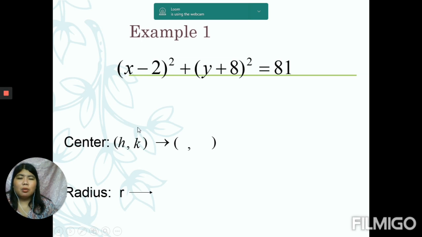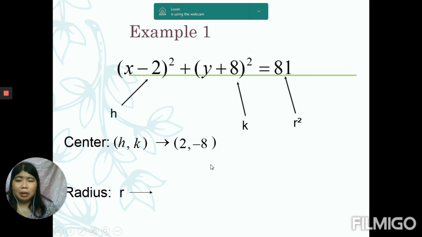Para makuha natin yung h, k, babaliktarin nyo lang to. Kung negative 2 dito, ang h natin ay magiging positive 2. At kung positive 8 naman, ang magiging k natin is negative 8. Kasi nga, yung tatanggalin natin negative. Kasi yung h lang kukunin natin.